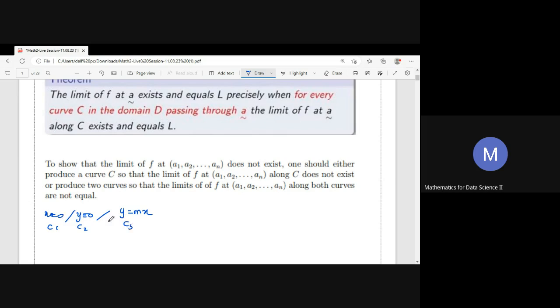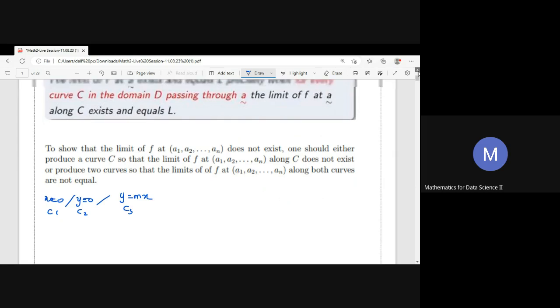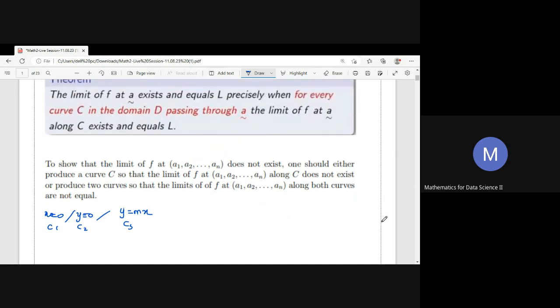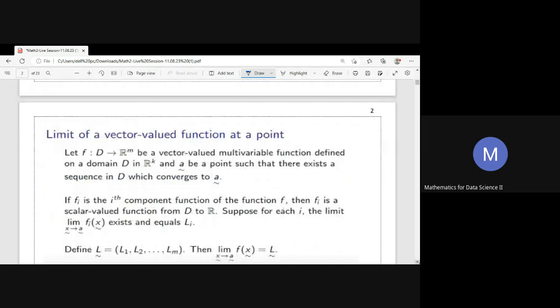So we found the function's limit along these different curves. If they are all the same, then it is fine, and if they are not the same, or the limit does not exist along one, then we know that the limit does not exist. Mainly this concept we used to show that the limit does not exist. And for a vector valued function, it is quite simple.